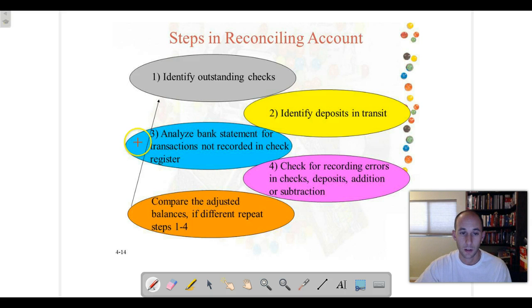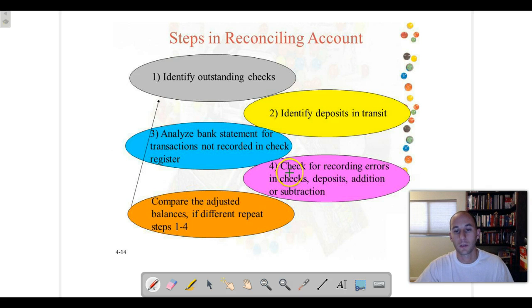So number 3 is kind of looking at the bank statement first and looking for transactions not recorded in the check register, which would usually be bank servicing fees, almost always, or type of interest paid, something like that. It's going to be recorded on our bank statement, but it's not yet recorded in our checking account. So you have to find those and subtract them from our checking account balance.